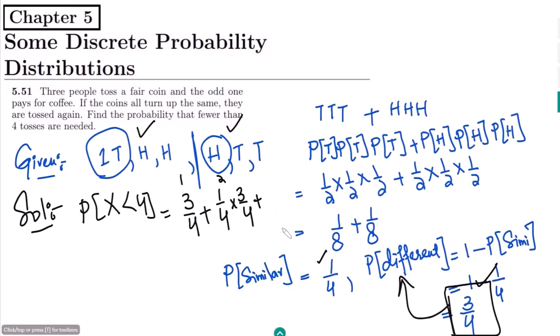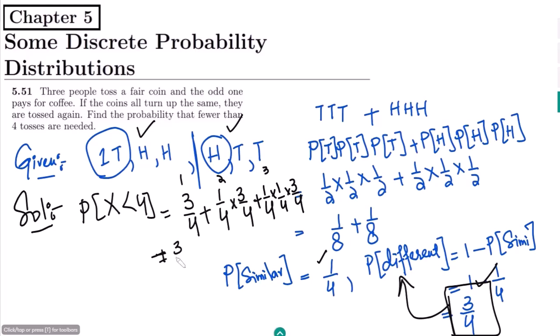In the third trial, there is also a possibility that in the first 2 trials we get the similar ones, which are 1 by 4 multiplied by 1 by 4, and in the last one we get 3 by 4. This is also a probability. So these situations can also occur here.